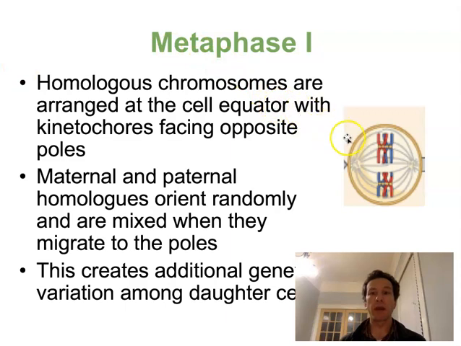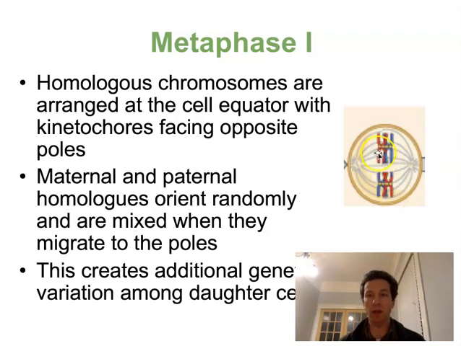So finally, the pairs of homologs reach the equator, or the metaphase plate, and you can see that they are aligned. However, unlike mitosis, individual chromosomes are not aligning. Instead, pairs of homologs are aligning. So this is one pair, this is another pair in this example cell. And it is random whether the maternally inherited or paternally inherited homolog lines up on the left or right.